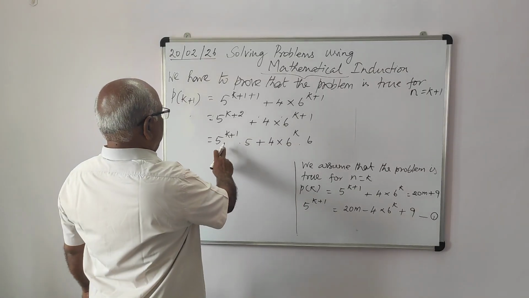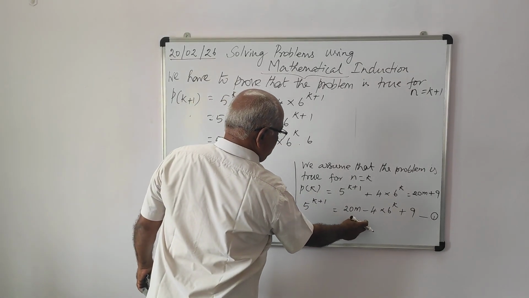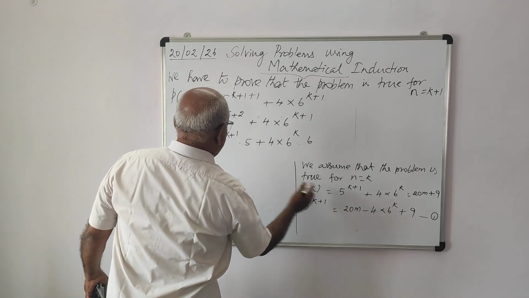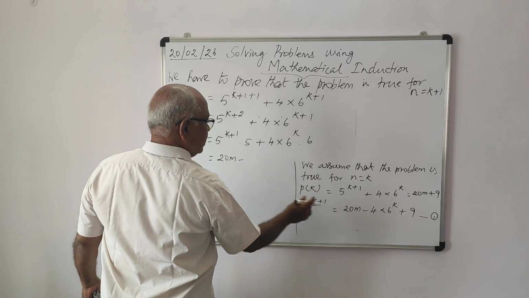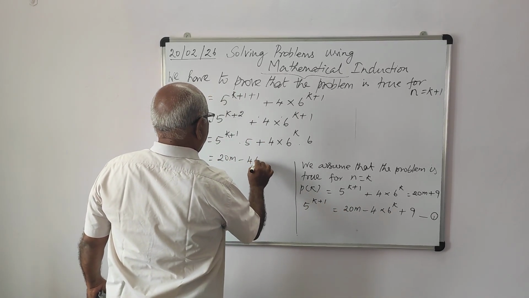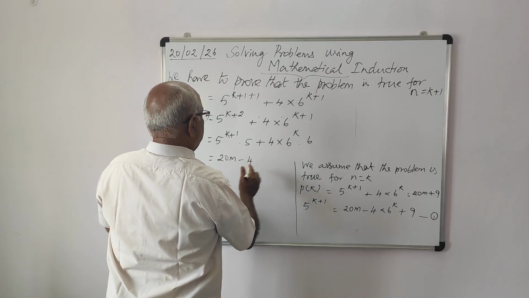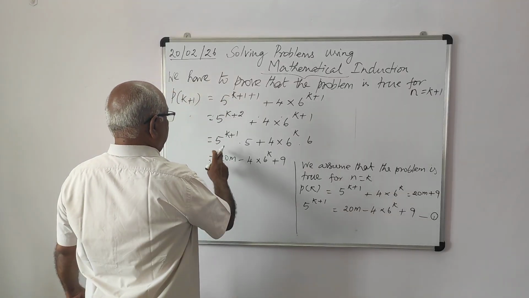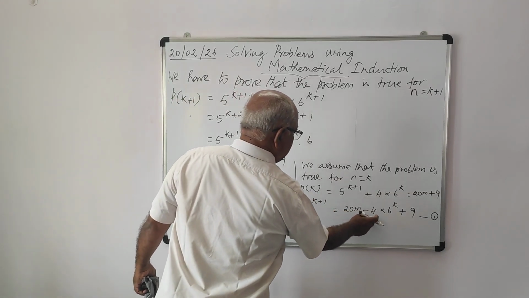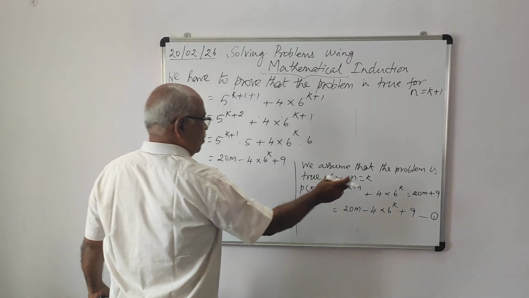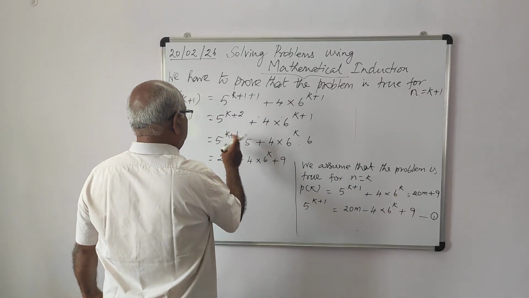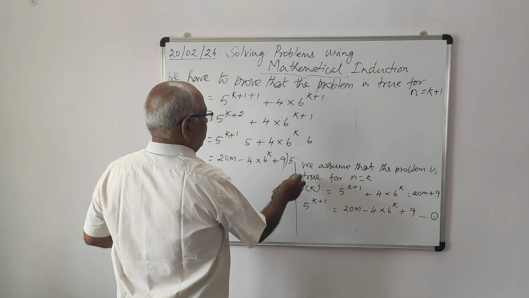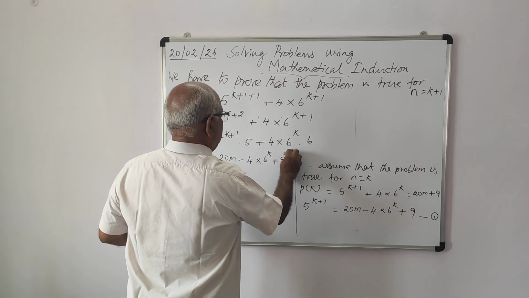Now from equation 1, replace 5 power k plus 1, which is 20m minus 4 into 6 power k plus 9, multiplied by 5. So, plus, now write.